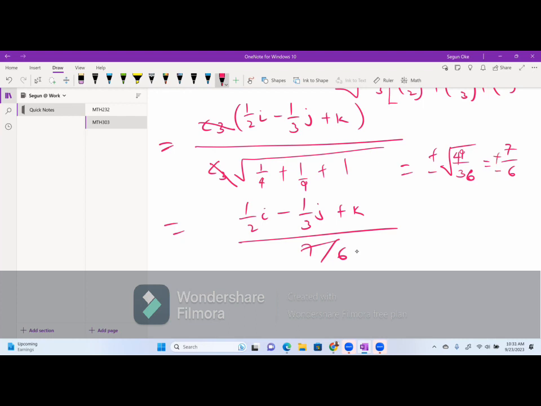So here we can rewrite this one. 1 over 2 i minus 1 over 3 j plus k is to be divided by 7 over 6, right?